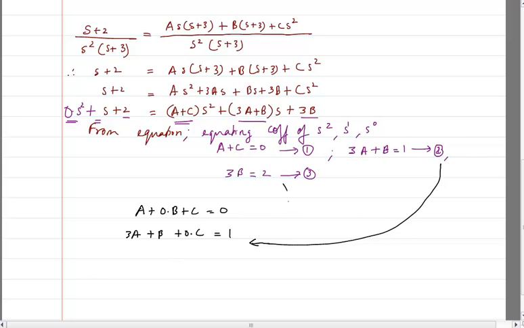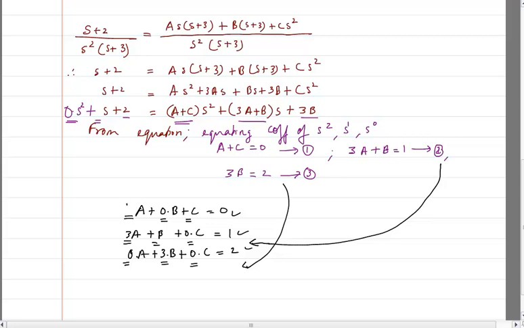Okay, and this one I can write it as 0a plus 3b plus 0c is equal to 2. And now I am having the coefficients as 1, 0, 1, 3, 1, 0, 0, 3, 0, and here 0, 1, 2. So now I can use a calculator for solving how many unknowns?